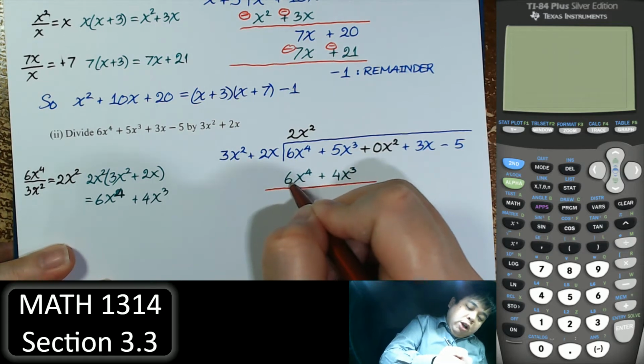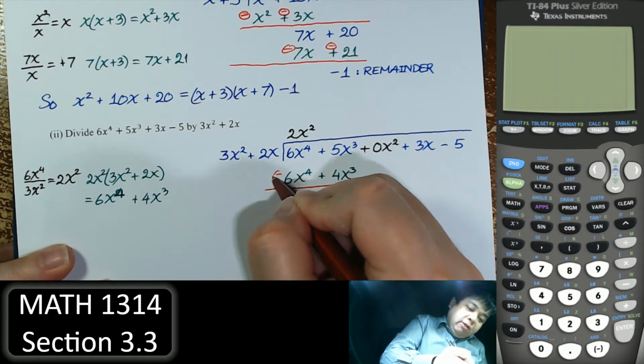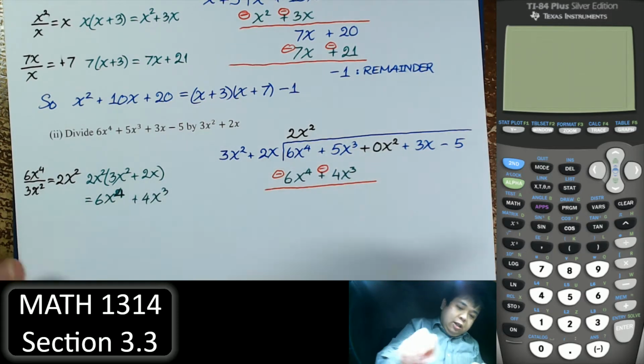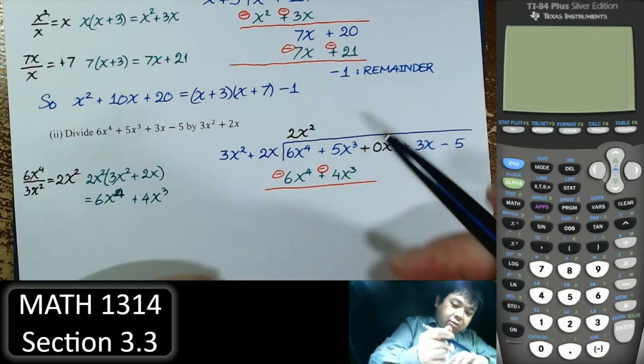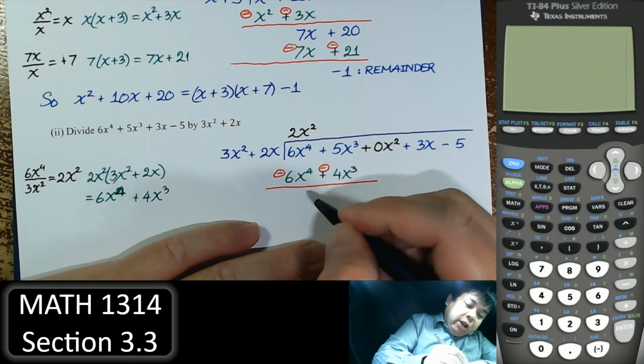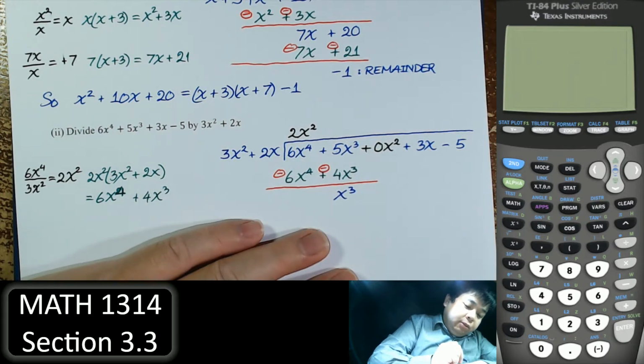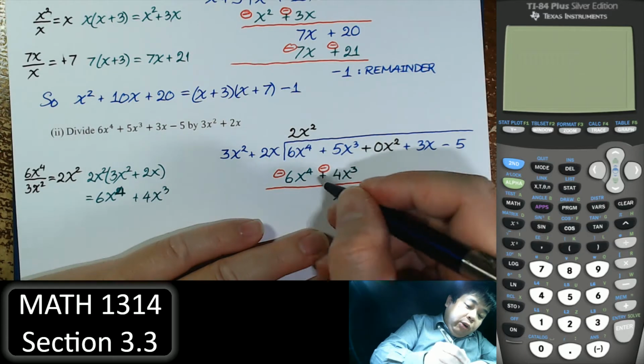And then we subtract, changing the sign positive to negative. That might be a typo, but anyway. So 5x cubed minus 4x cubed gives us x cubed. And we carry the rest.